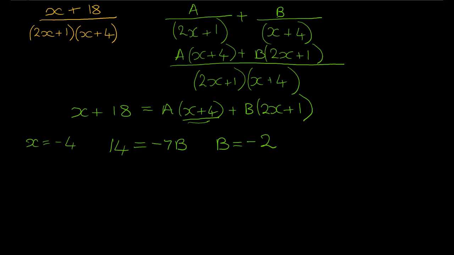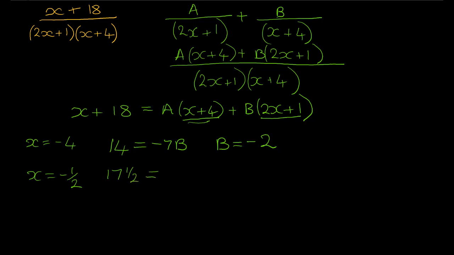Now we do the same idea again, but this time we want to find a value of x to substitute and make this disappear. So for that, we're going to need that to be minus a half this time. So if x equals minus a half, then we're going to have minus a half plus 18. So that's going to be 17 and a half on this side.